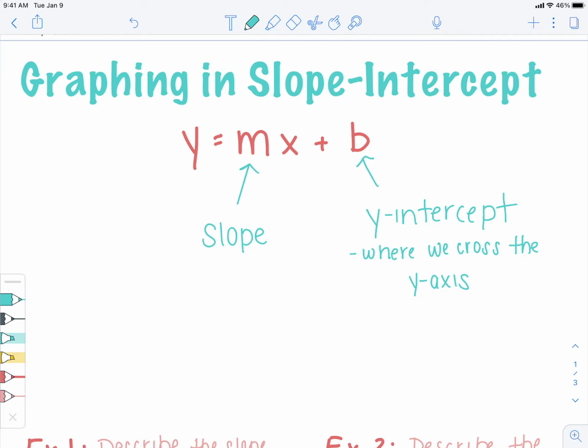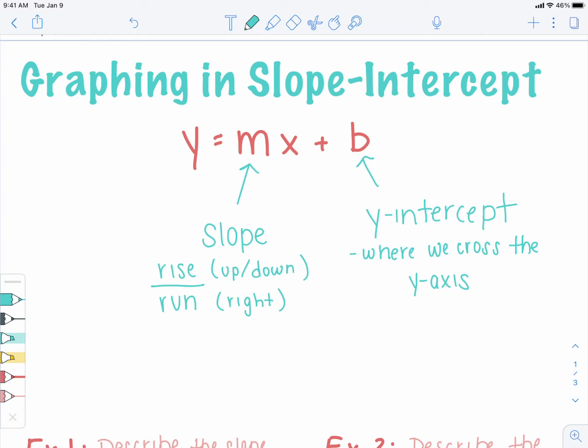It's your rise over your run. Rise over run, so you're always going up or down, and then to the right. This is up, down, and then the denominator tells you how many to go to the right.